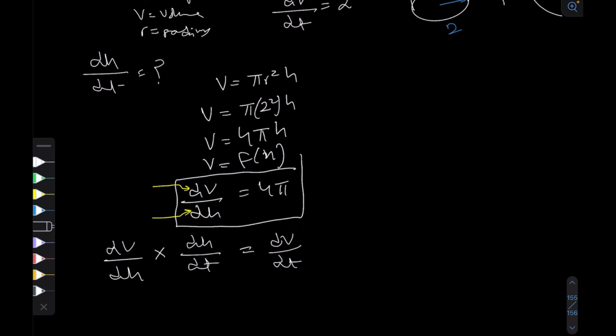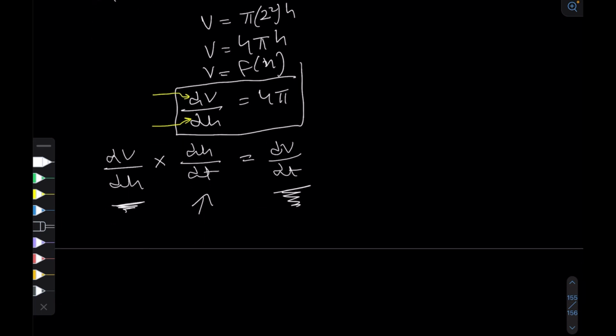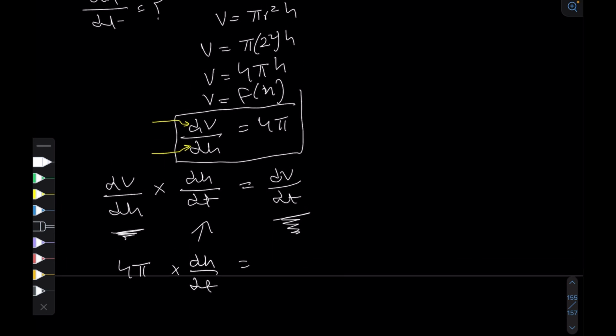And so I know what this value is, I know what this value is, and I just need to find this, right? So dv/dh is 4 pi, times the thing we asked initially, and dv/dt is constantly 2. So dh/dt would be 2 over 4 pi, which is 1 over 2 pi, and this is our answer.